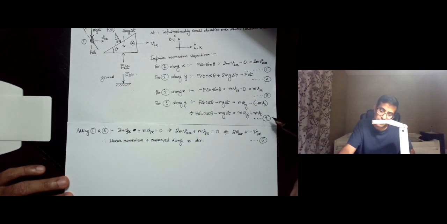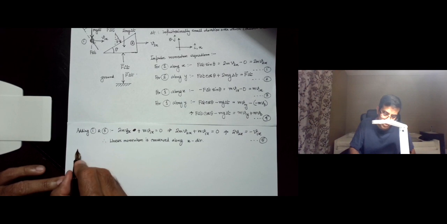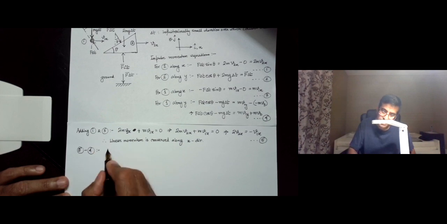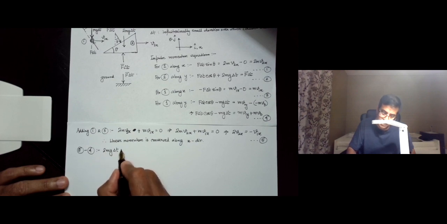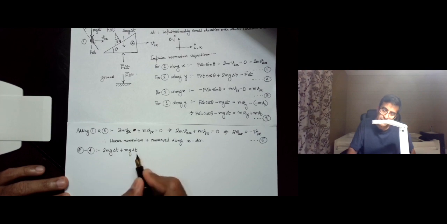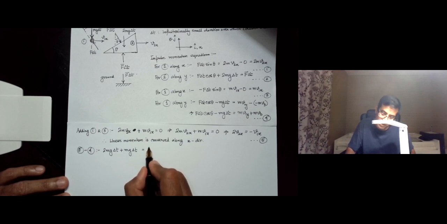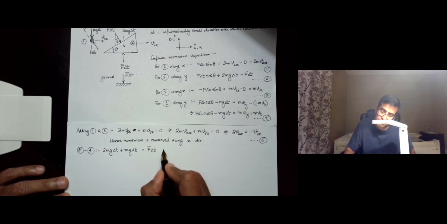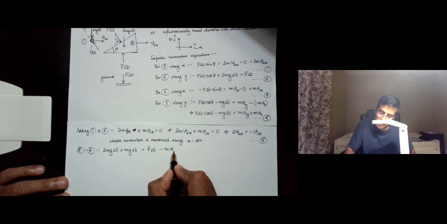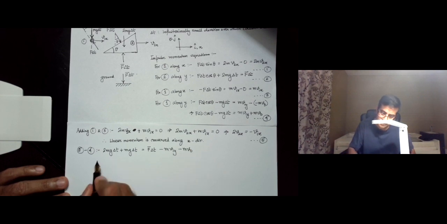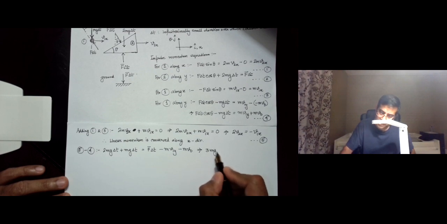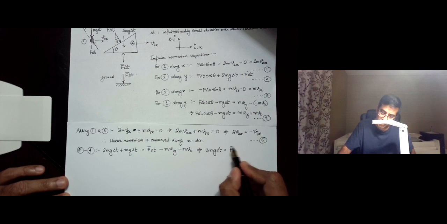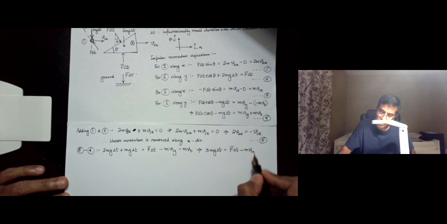subtract, let's say, 4 from 2. So 2 minus 4 will give me 2 mg delta t plus mg delta t is equal to f bar delta t minus m v1y minus m v naught, or in other words, 3 mg delta t is equal to f bar delta t minus m v1y minus m v naught.